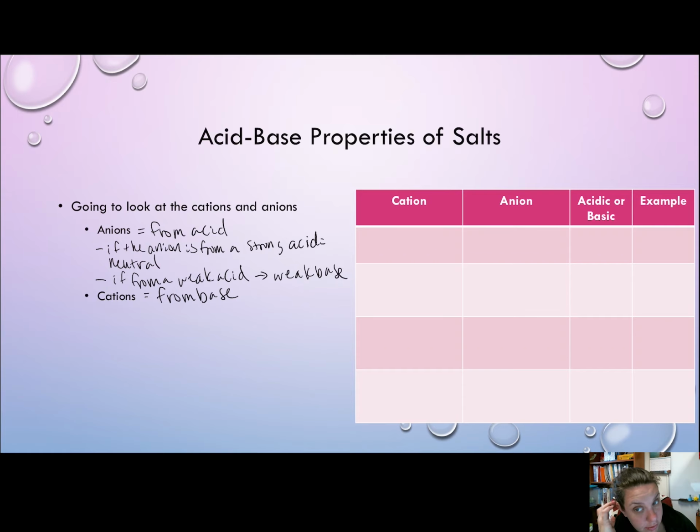Okay, so it will be a neutral anion if it's from a strong acid, a basic anion if it is from a weak acid. From our cations, these come from our bases. If it is the conjugate of a strong base, it will be pH neutral.